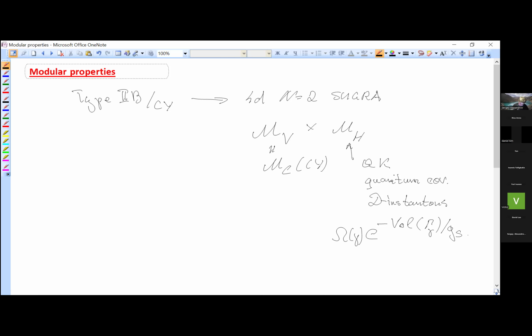And among these D-instantons, there are the so-called D3 instantons. So they correspond to a D3 brane wrapping some divisor on the Calabi-Yau. I am confused because you change the terminology.